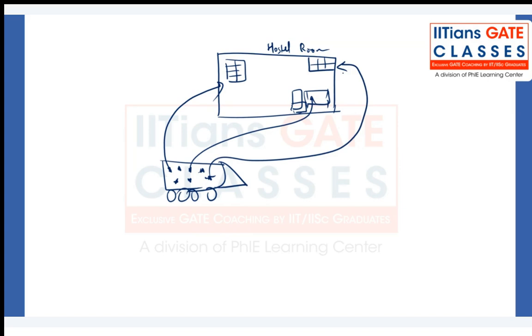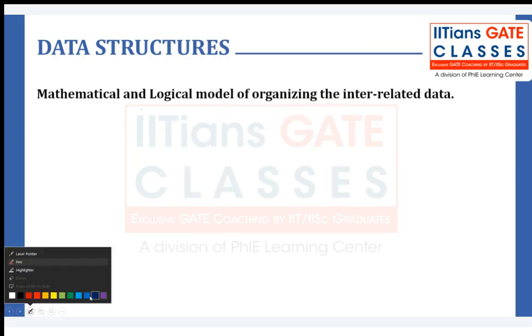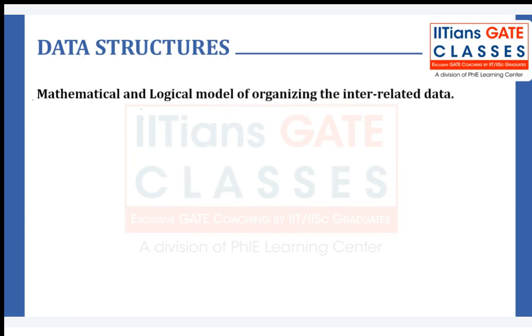All of these spaces that you see are predefined storages, correct? Someone has already constructed these for you so that you can put your data inside. So when we say a mathematical model, it stands for your predefined storage.